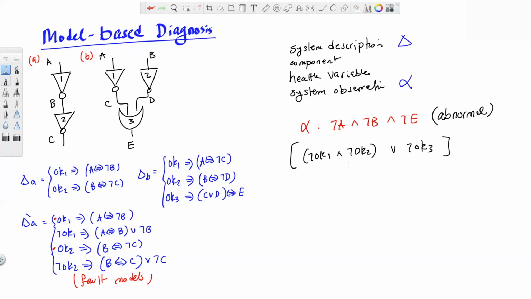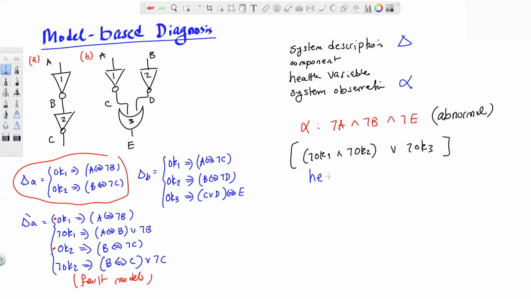Does anyone think this is not a characterization of the situation? Do you see something wrong with it? Intuitively, it's saying either this component broke or both of these broke at the same time. This is the correct answer. We're going to eventually call this the health condition.